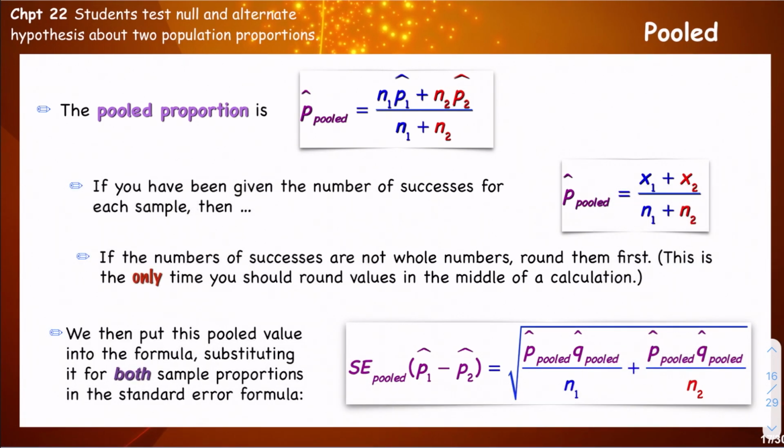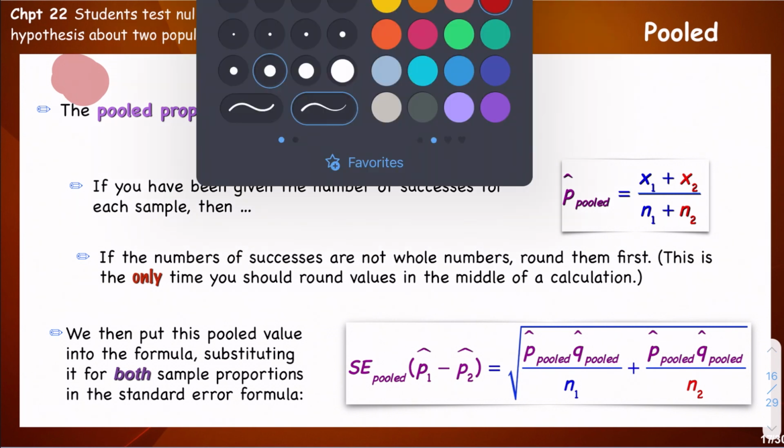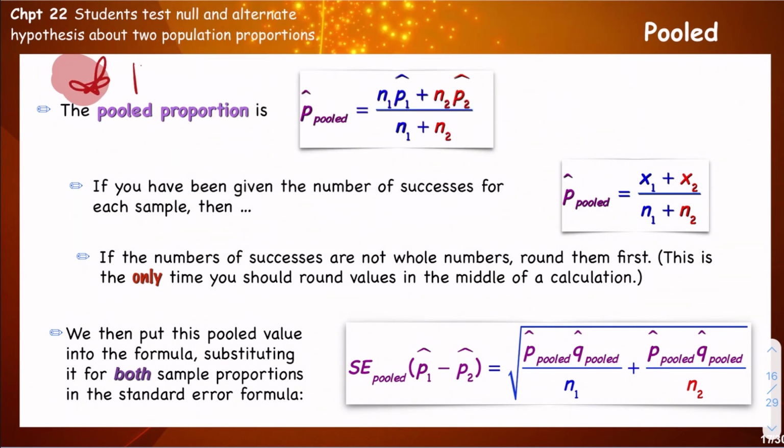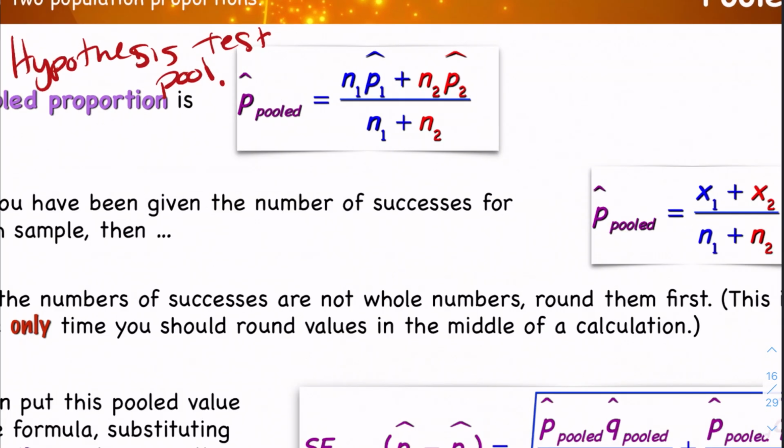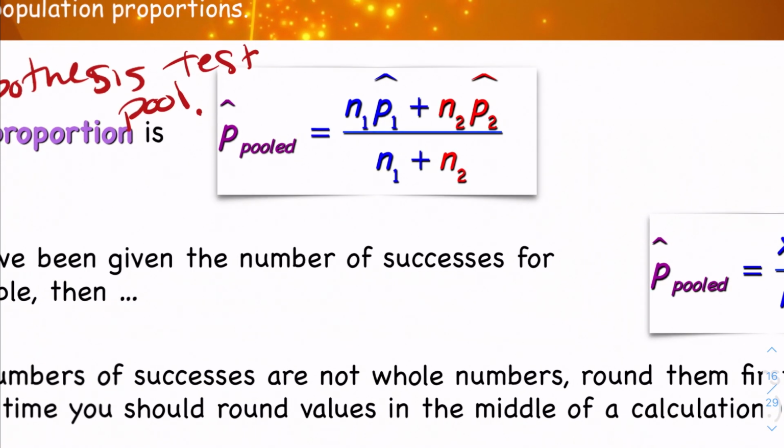So when you're running a hypothesis test, we are going to pool. With a confidence interval, we didn't pool. Okay? So the pooled proportion, or our p hat pooled, is just the sum of the successes over the sum of the sample sizes.